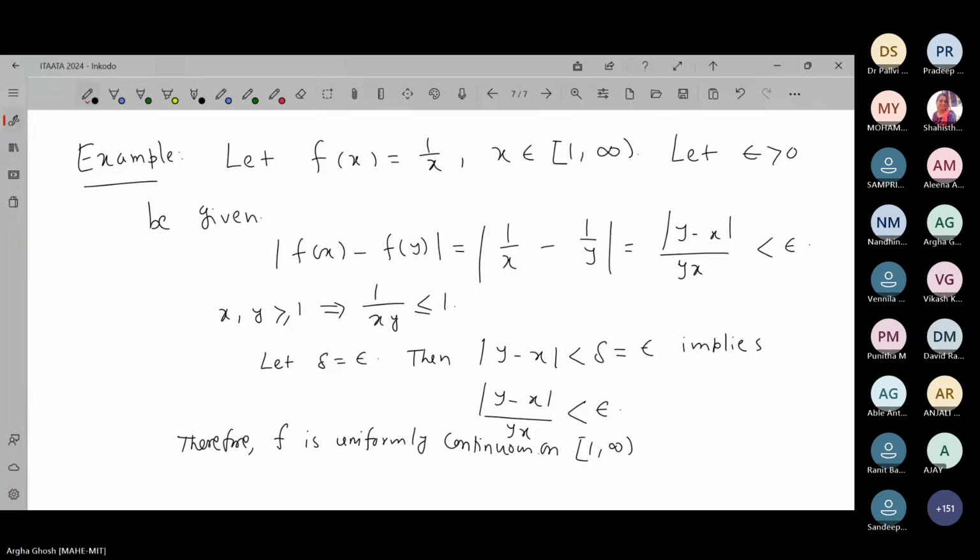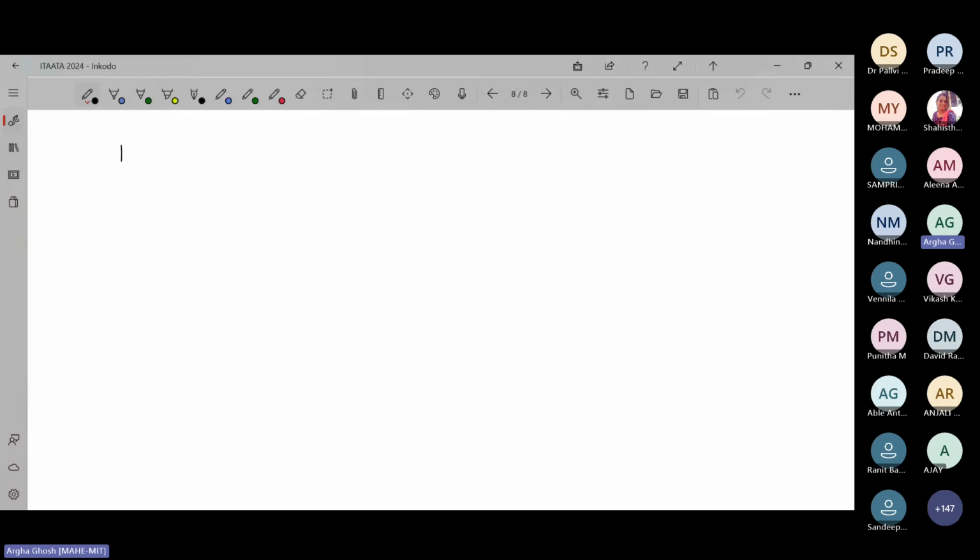Correct. Okay. The other important thing is that you should say that it's uniformly continuous on a set. Why? Because if you consider the same function, let f(x) equal 1 by x. Now x is defined on this set.